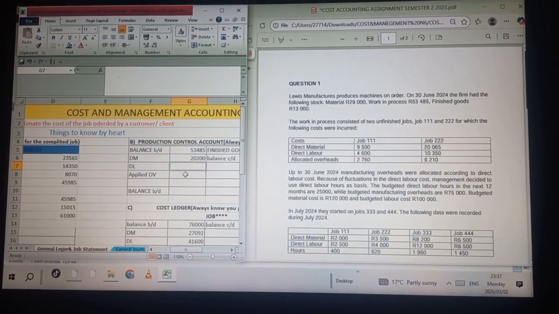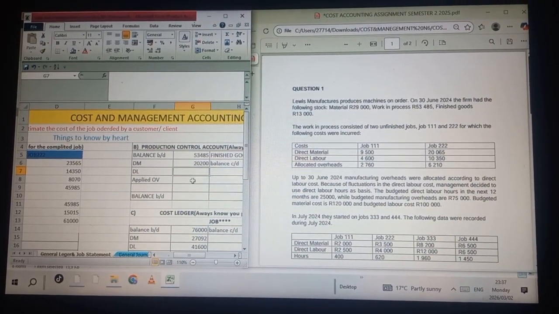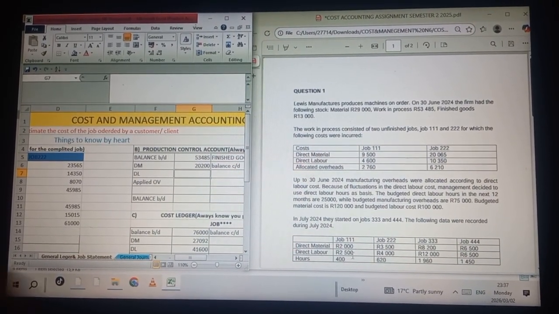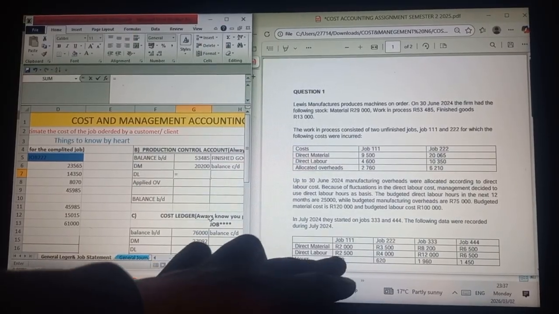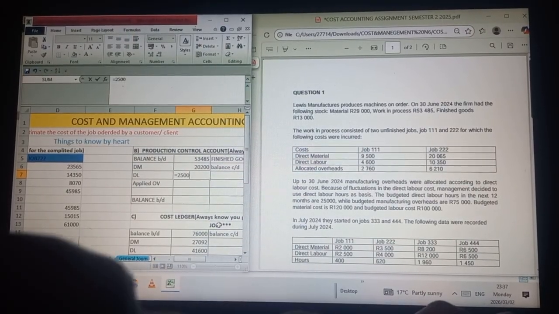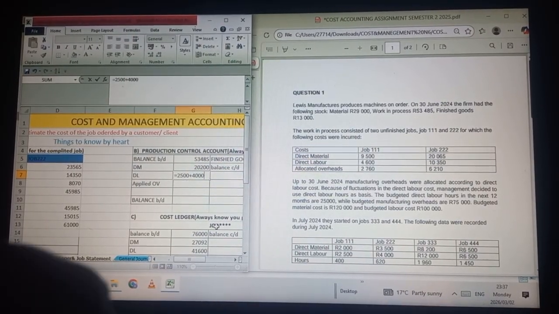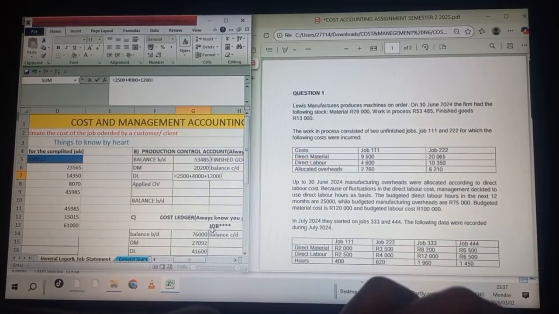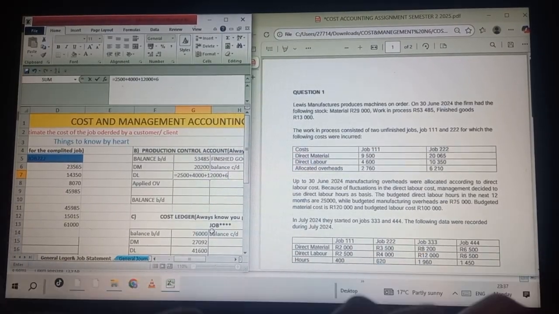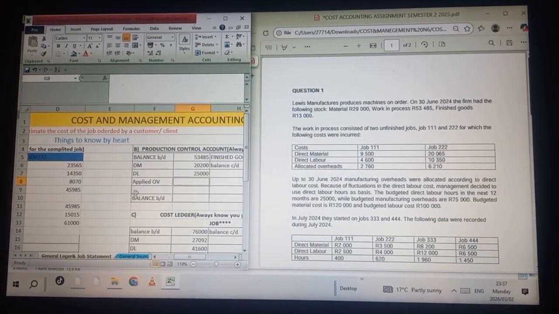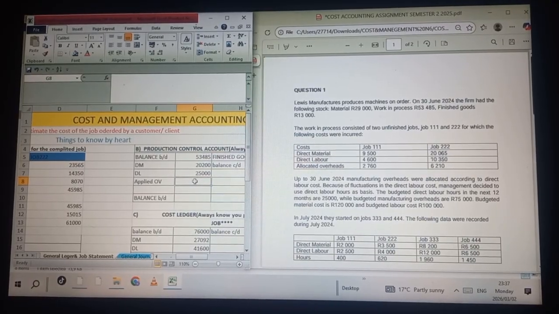Then you get your total material, which is 20,200. Direct labor, you do the same. You open your brackets and add your direct labor, which is 2,500 plus 4,000 plus 12,000 plus 6,500. And then you get your direct labor cost, which is 25,000.